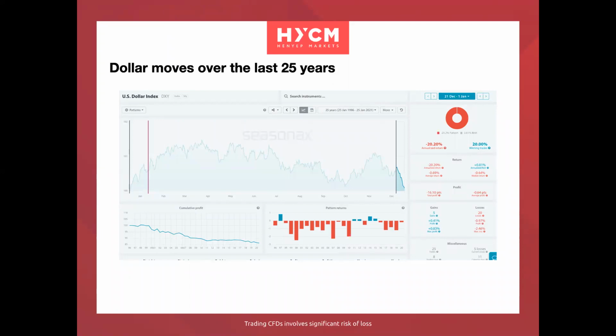Can you see how it's predominantly selling? In 20 of the last 25 years, between the 21st of December and the 1st of January, you can see the dates in the top right hand of the screen in the slightly blue turquoise box, 21st of December through to 1st of January, you can see selling in the dollar index.